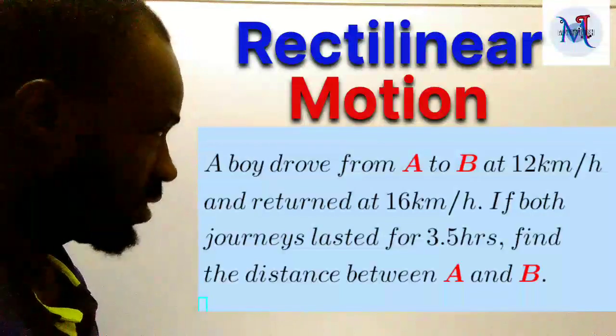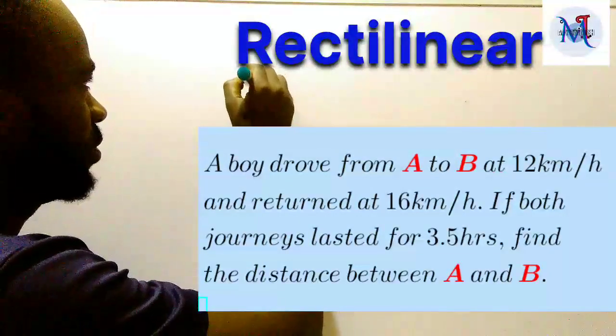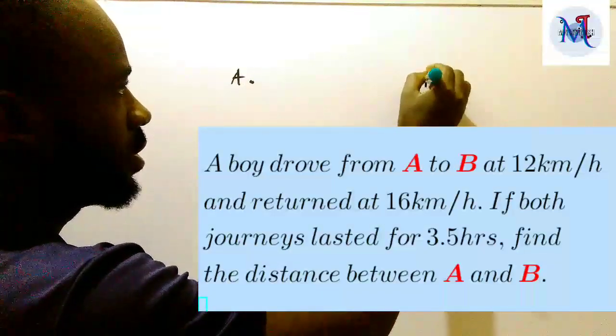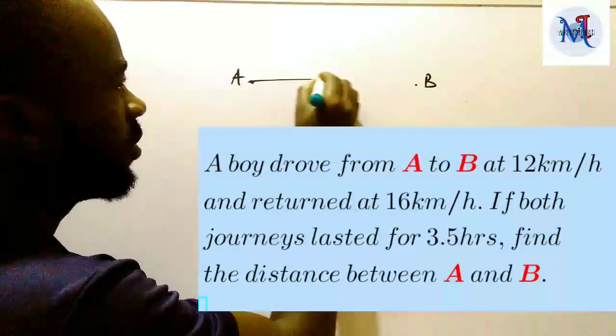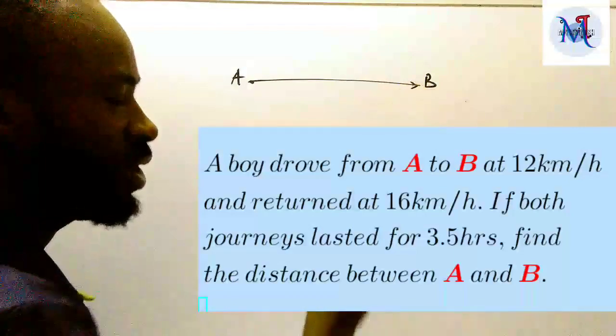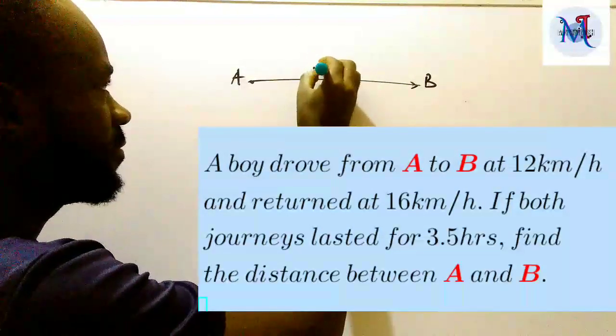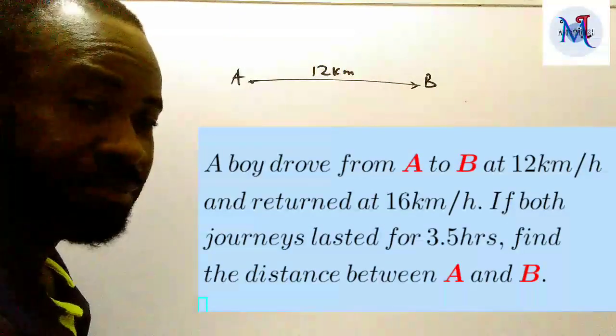Now, we are going to use a diagram to present this. So this is point A, this is point B. So the boy moves from point A to point B at a speed of 12 km per hour.